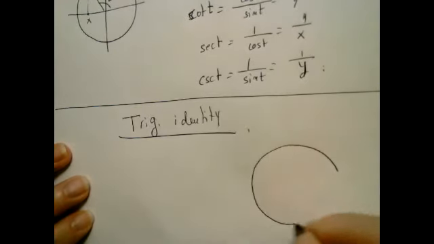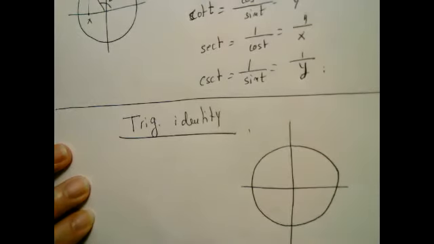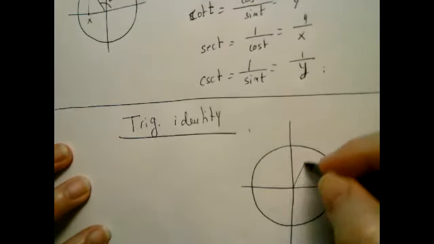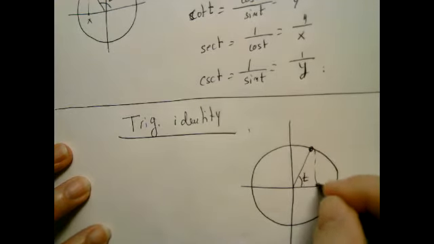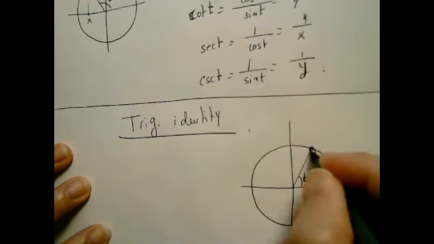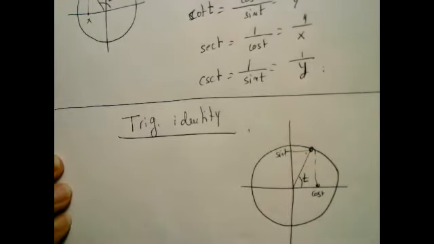Always our famous unit circle. Okay, and my angle t right here, my cosine, my sine. Okay, the first, absolutely, John Davis got it.